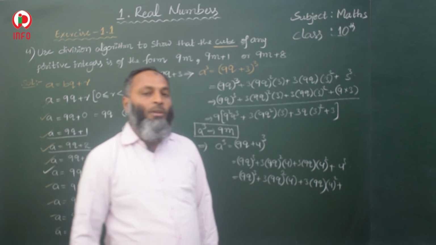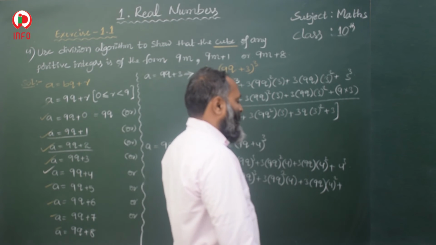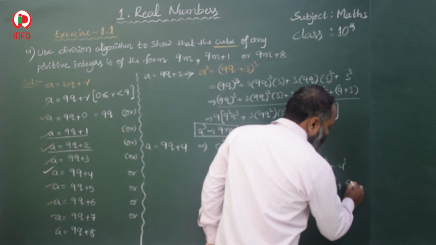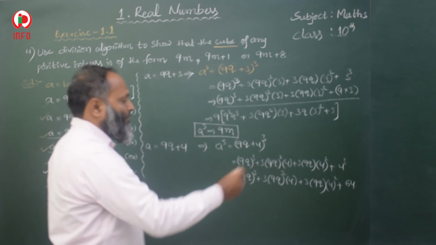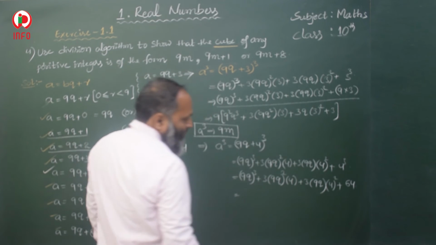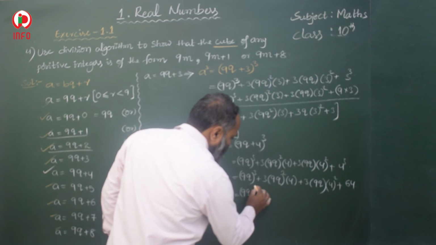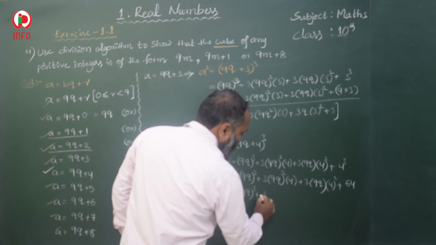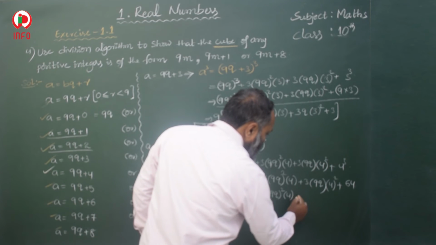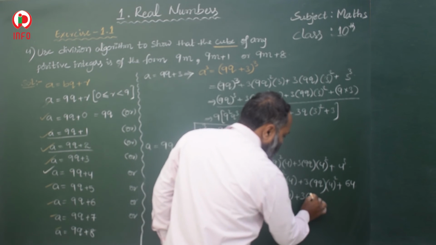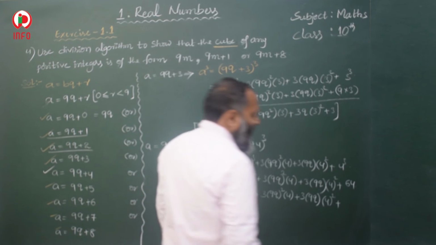What is 4 cube? 4 4 is 16, 16 4 is 64. Now here, 9 cube whole cube plus 3 into 9 cube whole square into 4 plus 3 into 9 cube into 4 square and 64.